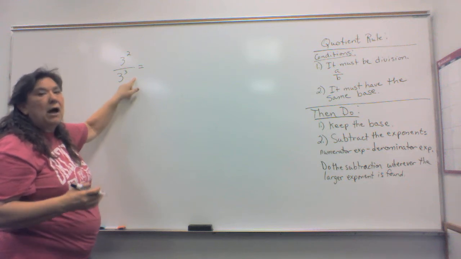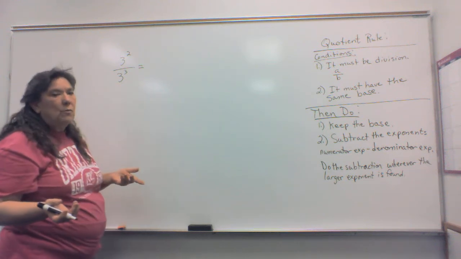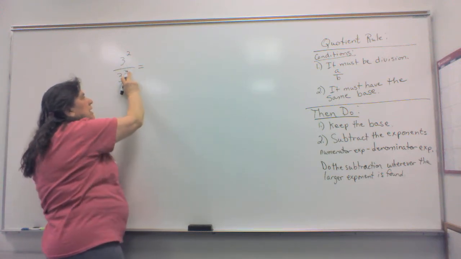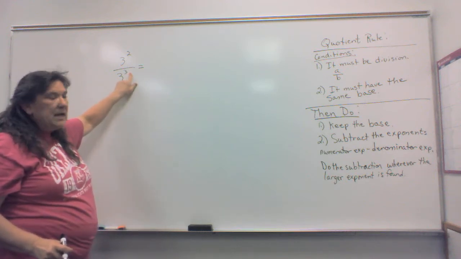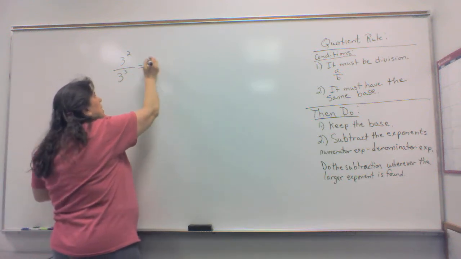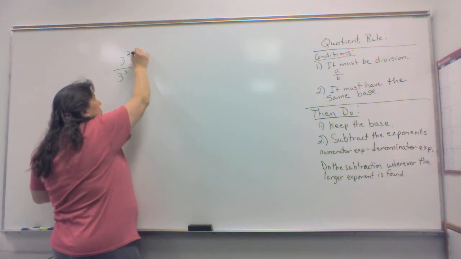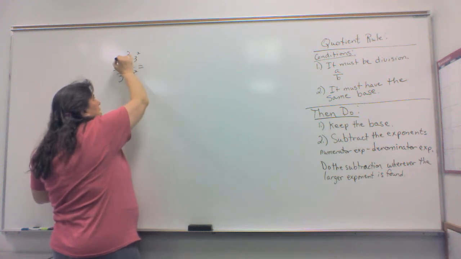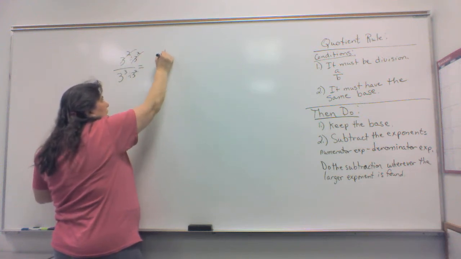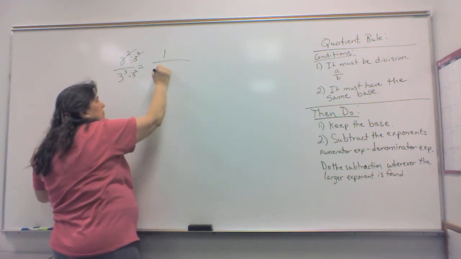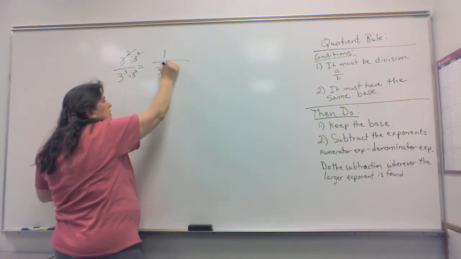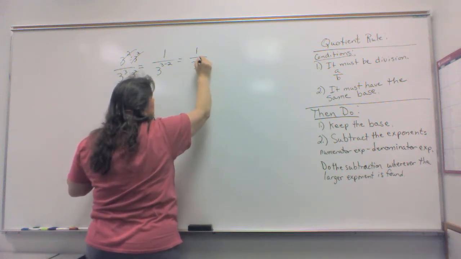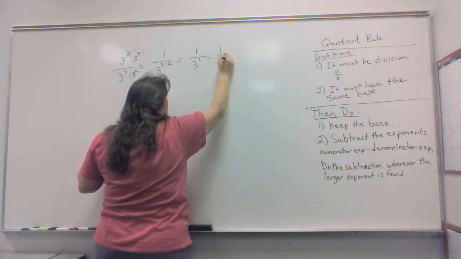I could do my subtraction in the denominator, where my exponent is the larger of the two. So I'm actually dividing both top and bottom by 3 to the second power, which makes 1 on top, and I'm left with 3 to the 3 minus 2, which equals 1 over 3 to the first power, which is just 1 over 3.